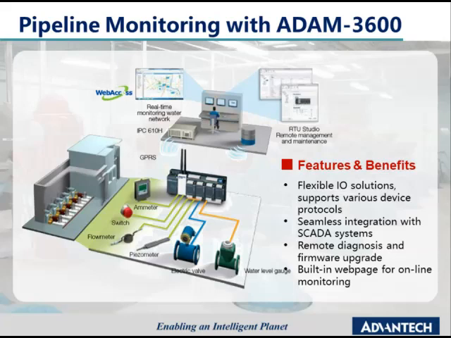The Advantech 3600 processes the data and then updates to the cloud system with GPRS wireless communication. With the help of the wireless communication, Advantech provides remote diagnostic and firmware upgrade function. In addition, it has the built-in web service page for online monitoring.